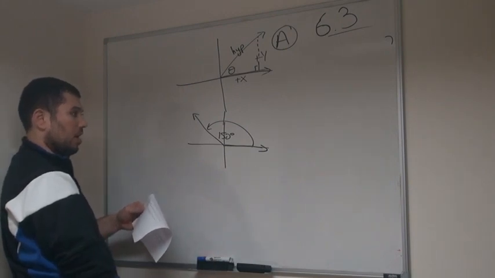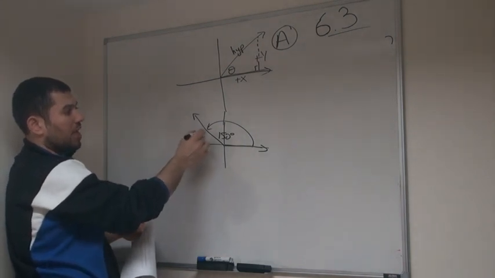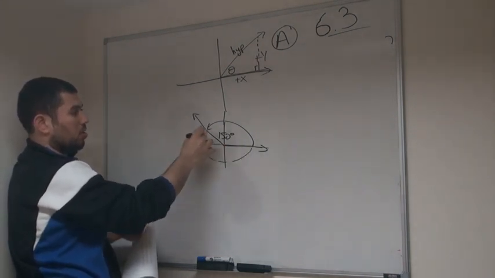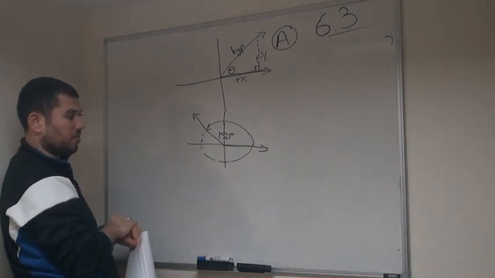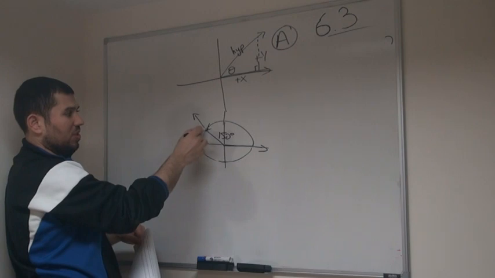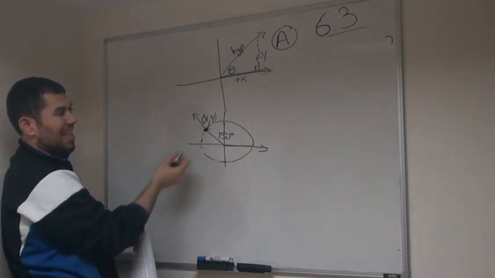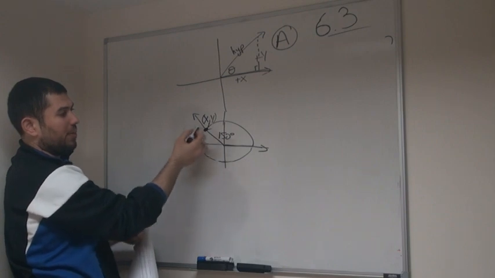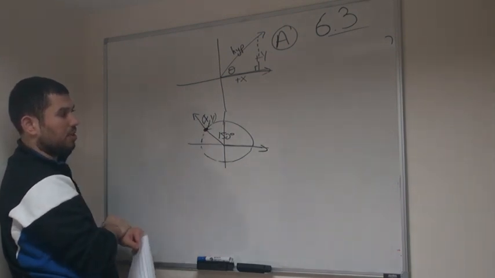But I know that in quadrant 2, if I use that unit circle approach that we defined on the first slide of 6.2, I would have to look at the xy value of this point, and the x value of the point would be negative. The y value would be positive.